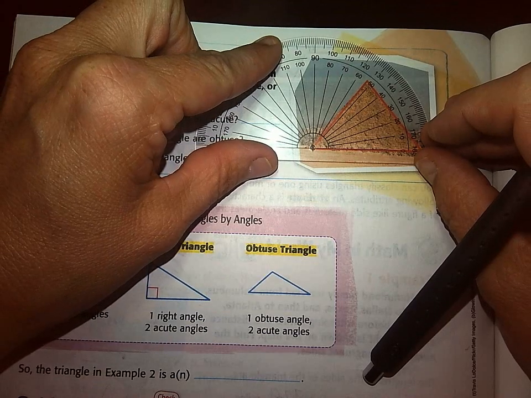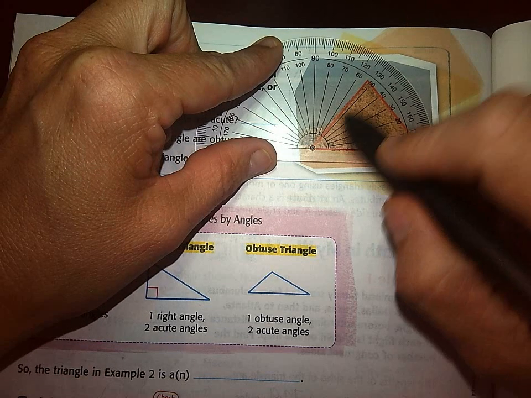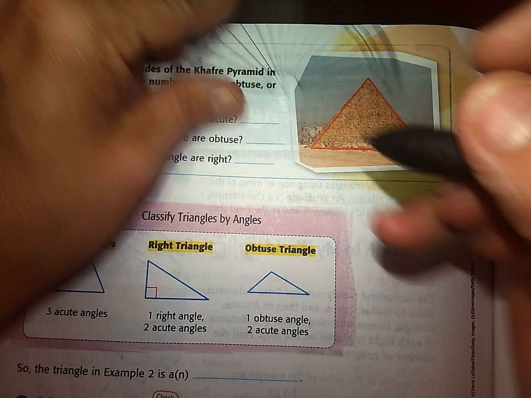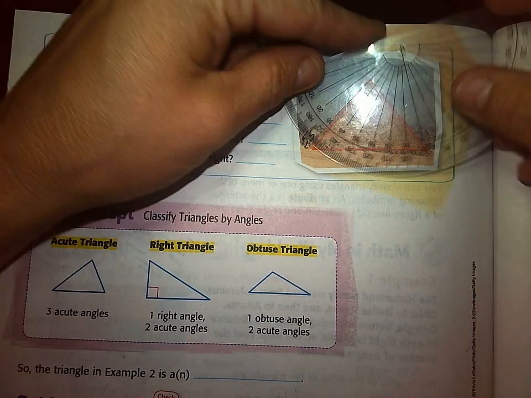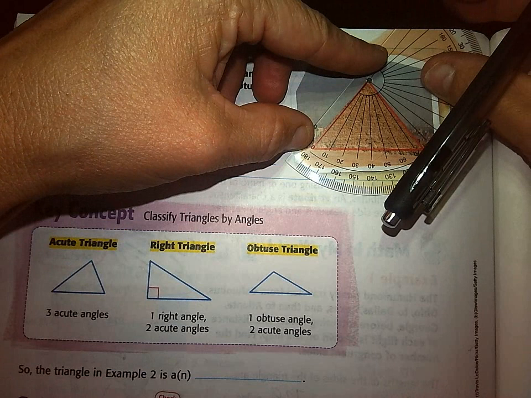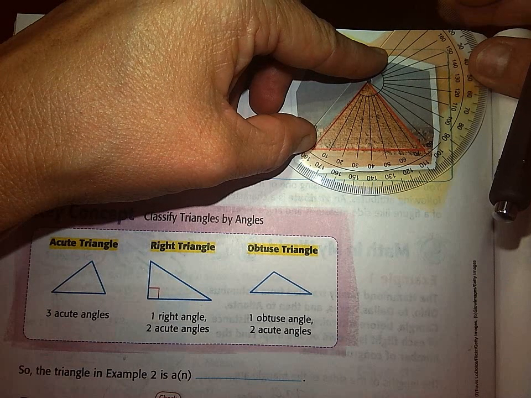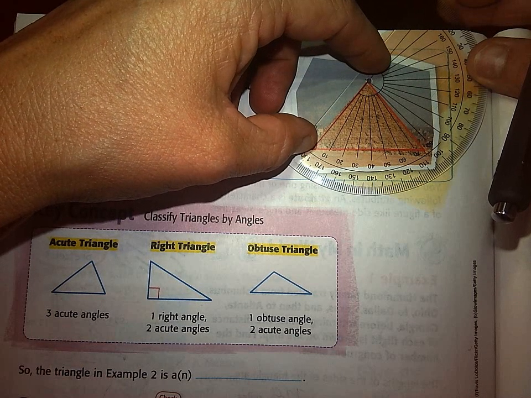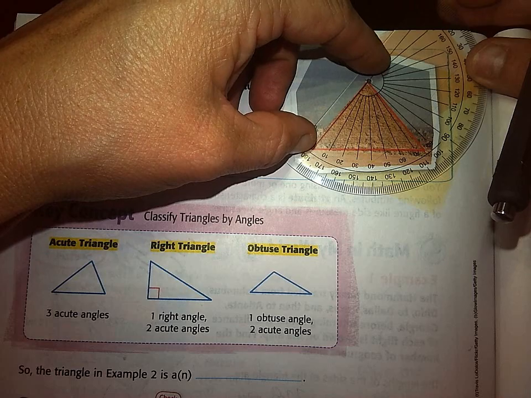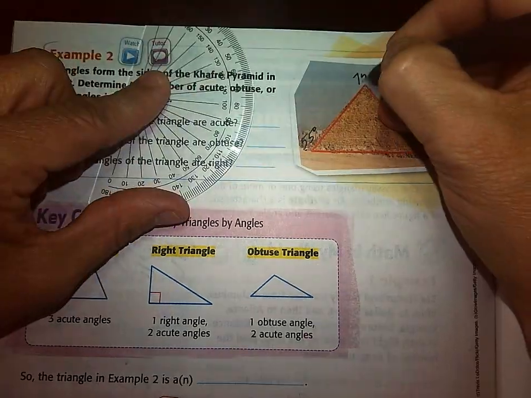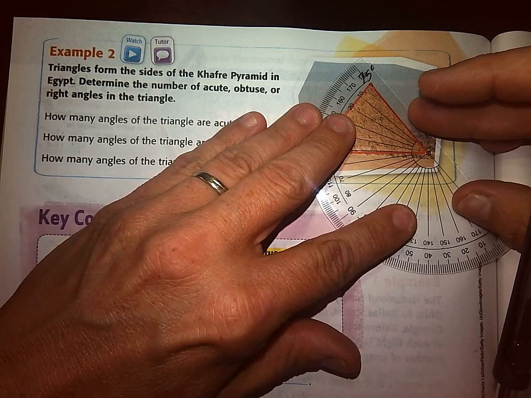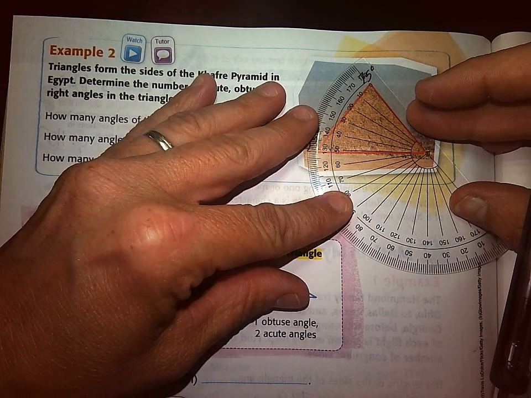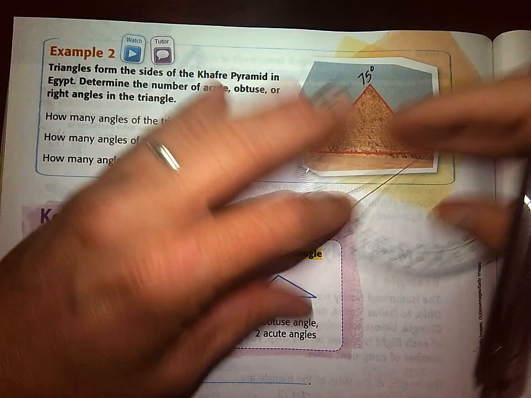So this one is like 55 maybe, and this one is 75, and this one is 55.